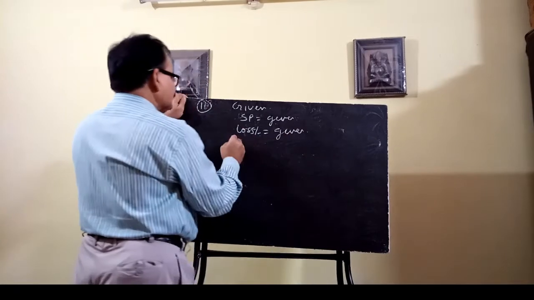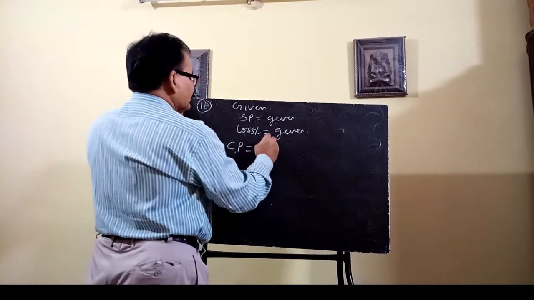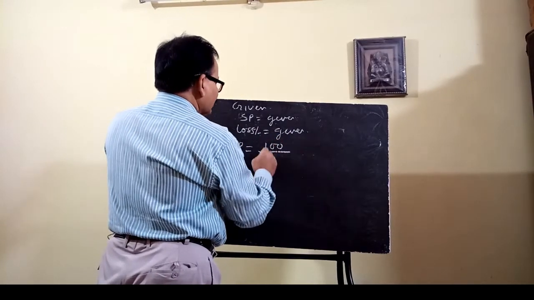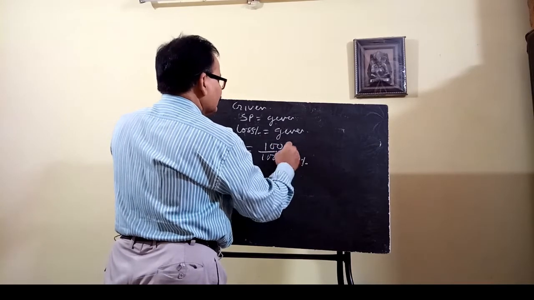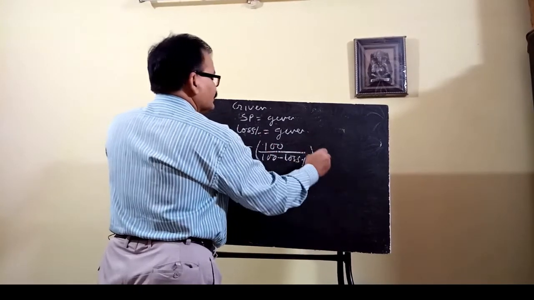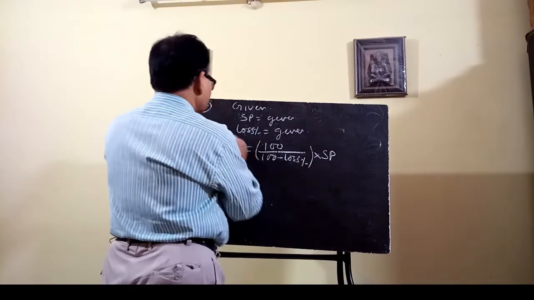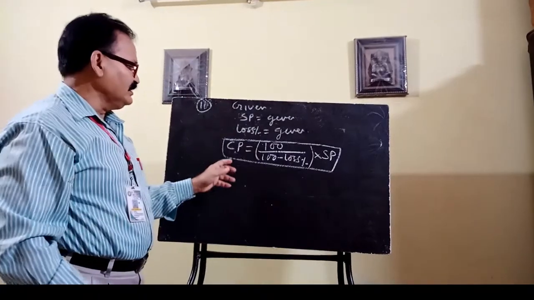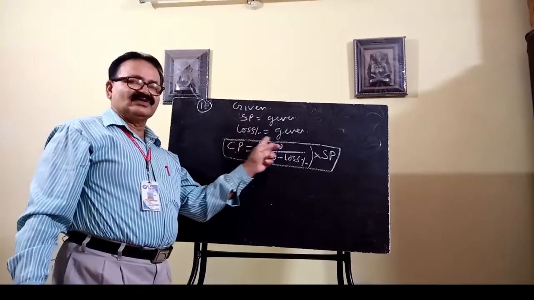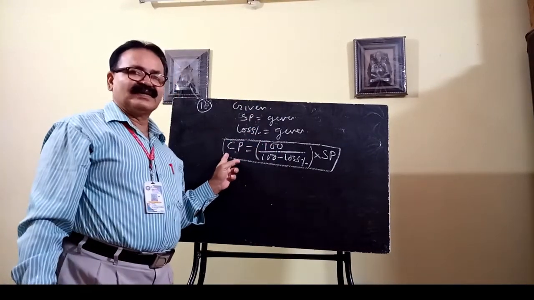You have to find out CP. CP equals 100 divided by 100 minus loss percent into your SP. In this formula, you can calculate directly when SP is given and loss percent is given, you can find out CP.